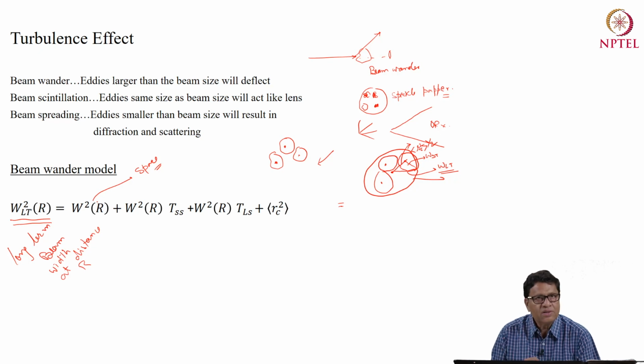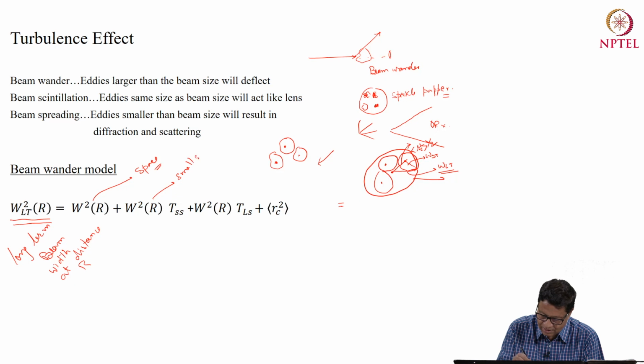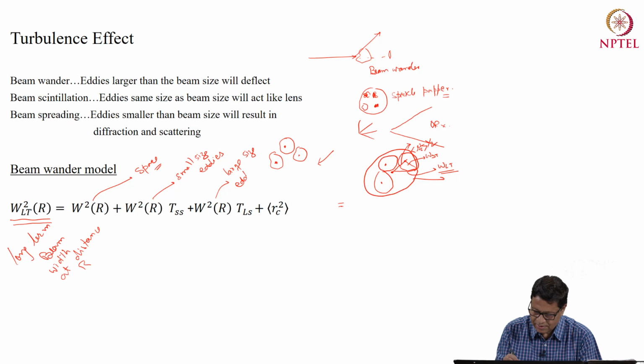This component is because of small size eddies, and this is because of large size eddies. This width increase is because of large size eddies. And this is the beam wander part which I explained.